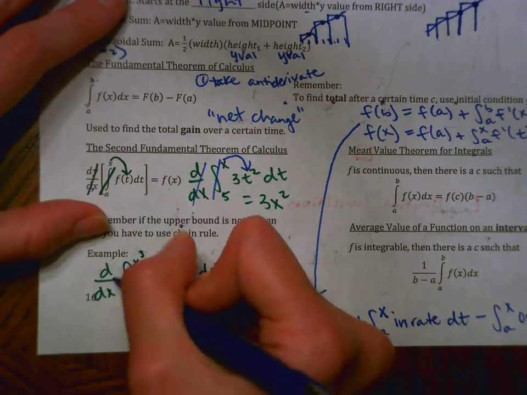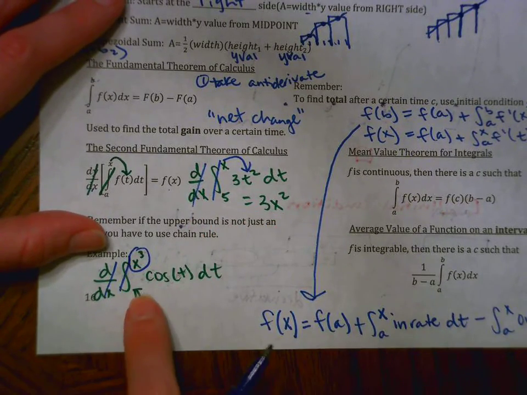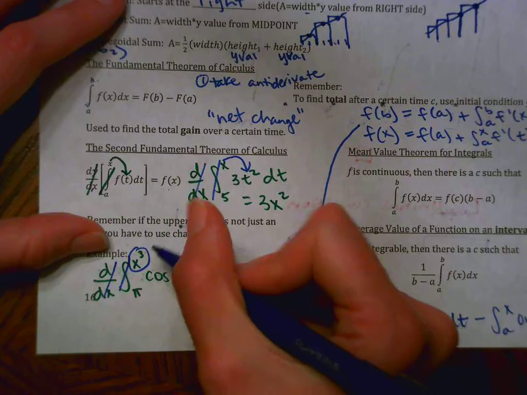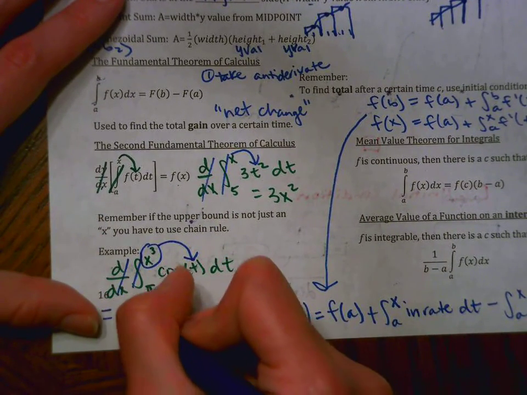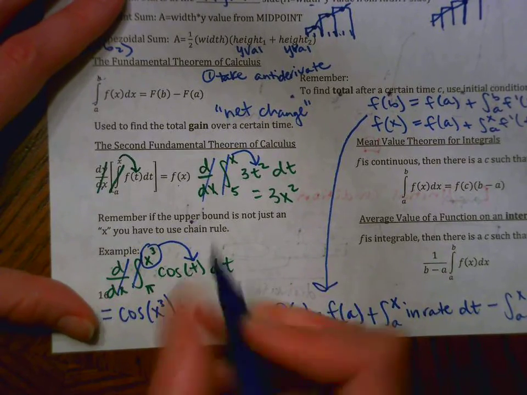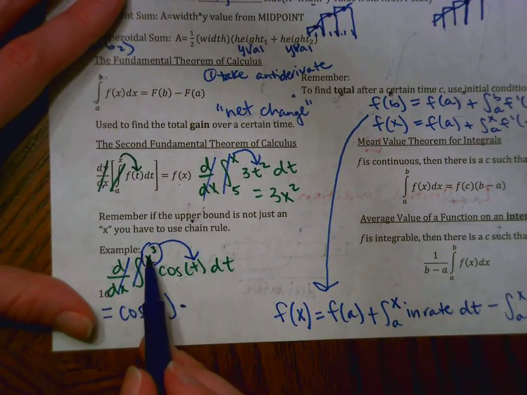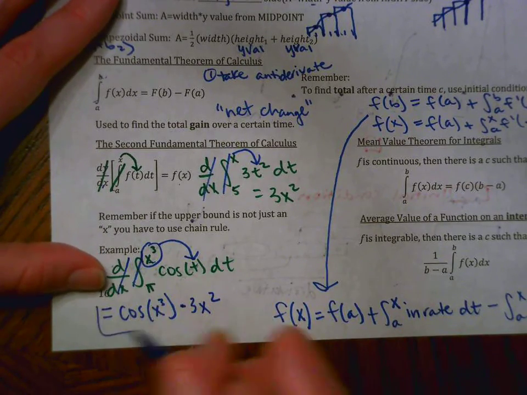Well, we know the derivative and the integral cancel, so we're going to take this top boundary. We don't care about what that number is. Plug it in for t. So that's going to be cosine of x cubed times the derivative of what you plugged in, which is 3x squared. And that would be the answer.